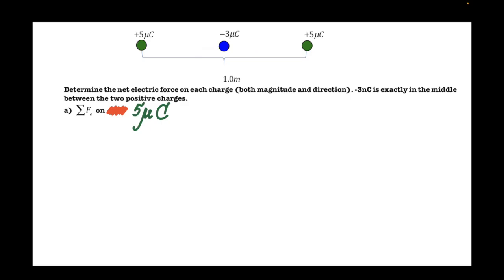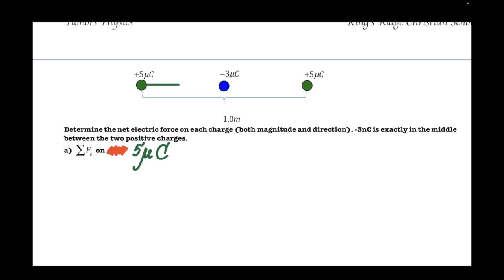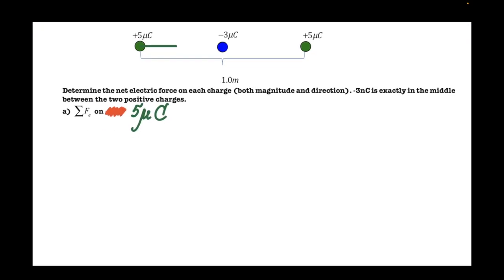It will be attracted, absolutely, to the negative 3 microcoulombs. It is being attracted to the negative charge, and it is being repelled by its counterpart, which is 5 microcoulombs. 5 microcoulombs is greater than negative 3, right? So the force should be greater.